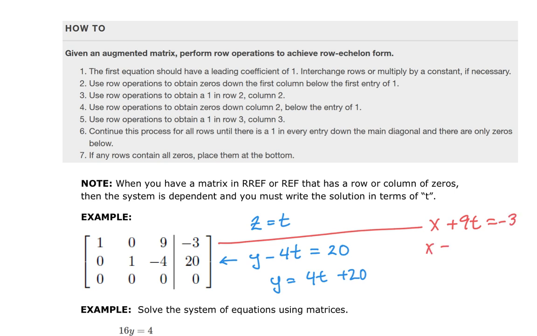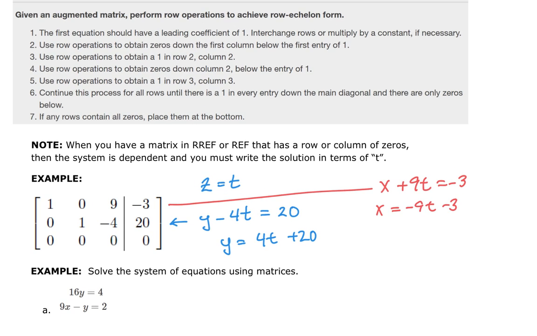So x is equal to negative 9t minus 3. So my solution is going to be negative 9t minus 3, because that's my x. My y was 4t plus 20, and then my z was just t, and there's my solution. We have parameterized our solution.